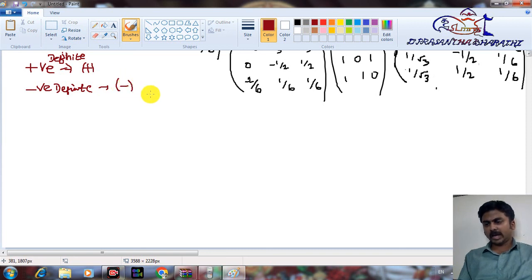If you have a 3 by 3 matrix, there are 3 eigenvalues. If all 3 eigenvalues are negative, then it is called negative definite. If all 3 eigenvalues are positive, then we call it positive definite.